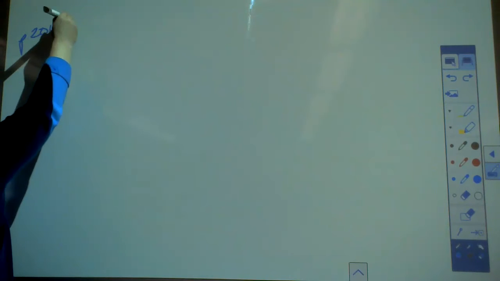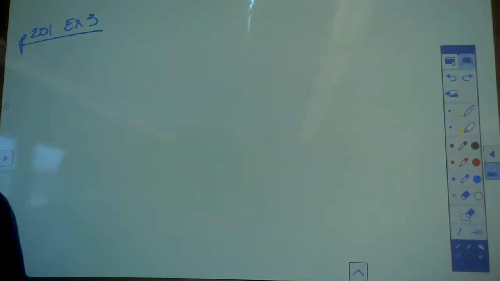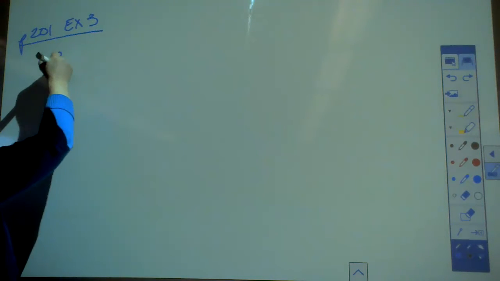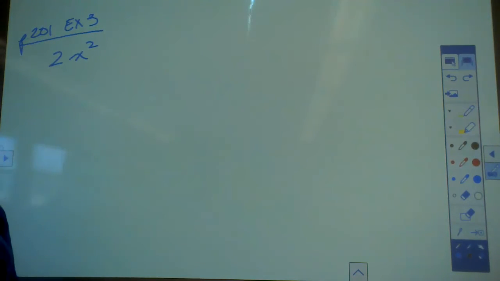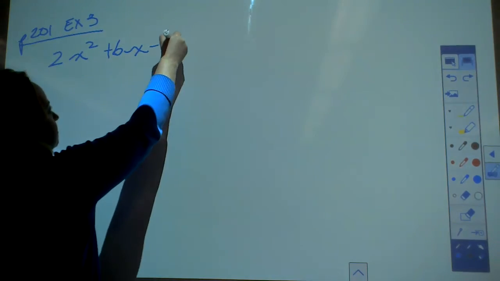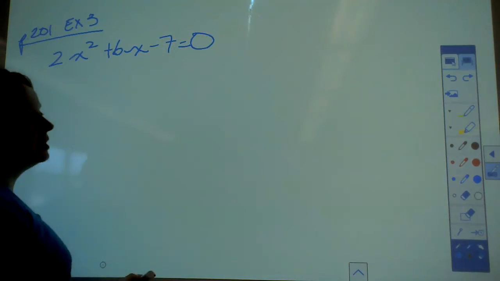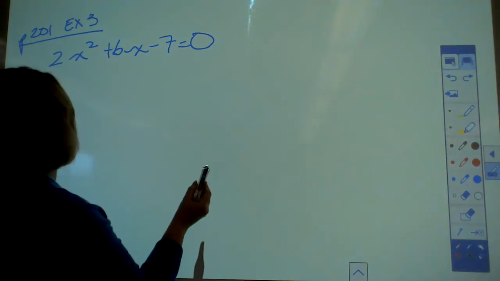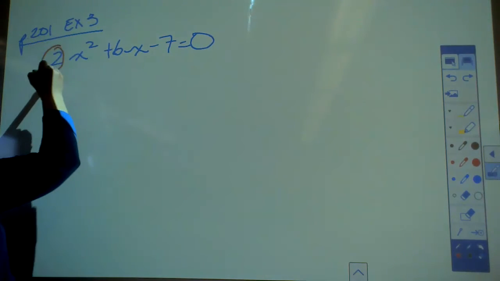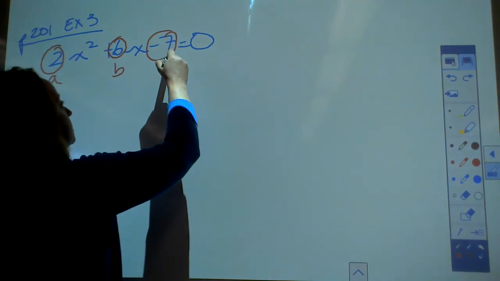So we're on page 201, example 3 still. This one has 2x squared plus 6x minus 7, and that's equal to 0. Again, I'm just going to go ahead and identify my a value, the b value, and the c value.